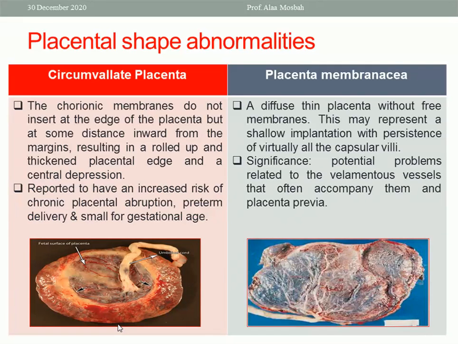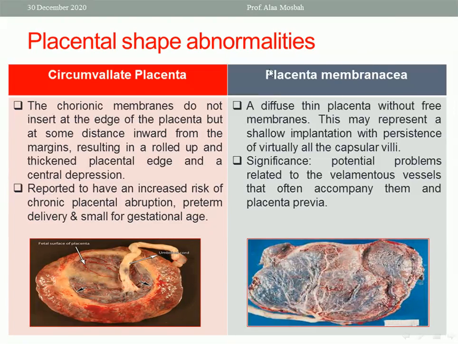This will result in a thickened placental edge, rolled up, and a central depression. Is there any risk with circumvallate placenta? Yes, it may be associated with placental abruption, preterm delivery, and small for gestational age.